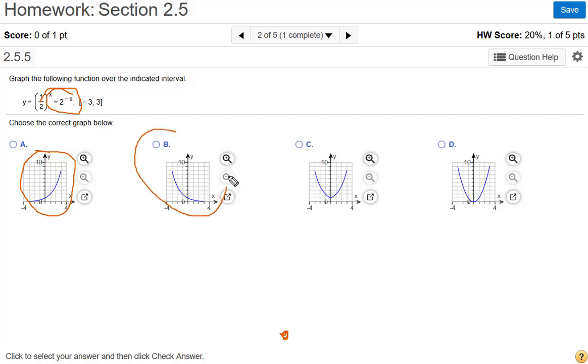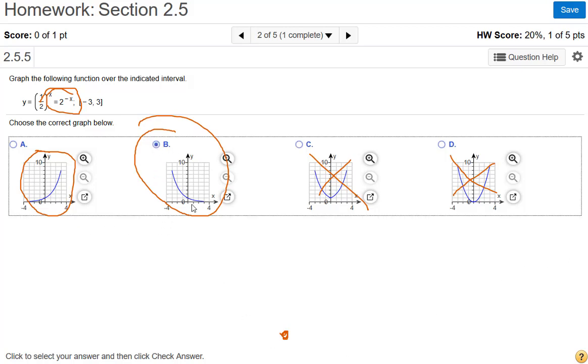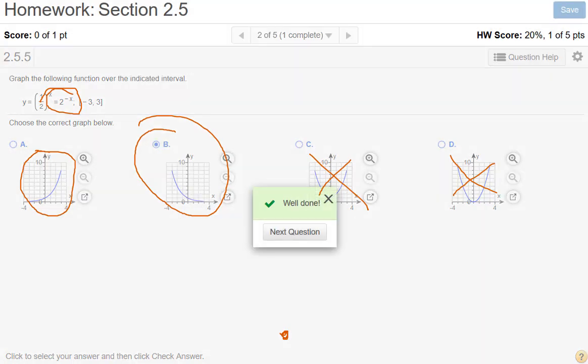So that would be the correct graph. It is not a parabola, and this would have a positive exponent. So the only possible choice would be B, and I never touched anything on my calculator.